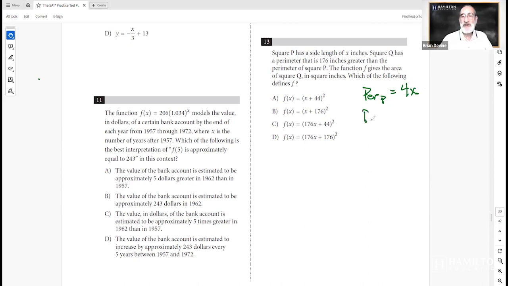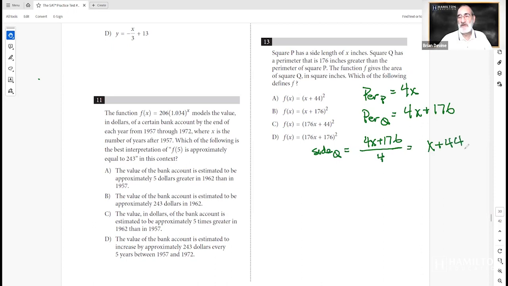So the perimeter of Q should be 4x plus 176. And if I divide that thing by 4, 4x plus 176 over 4, then that should be a side of Q. Then I get x plus 44.